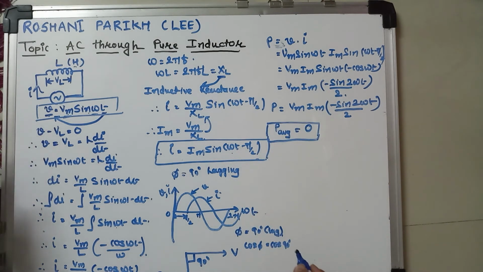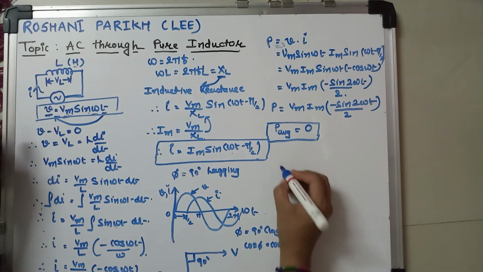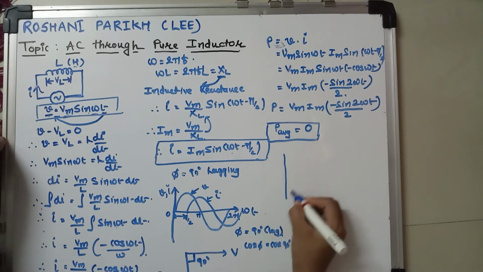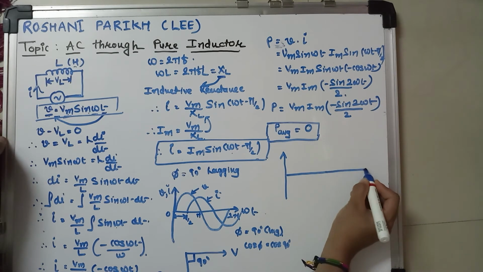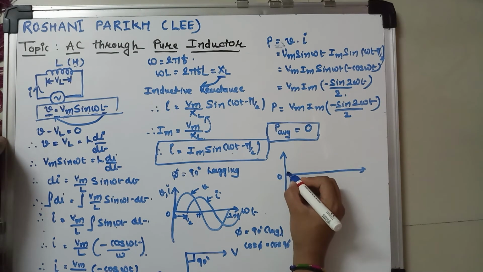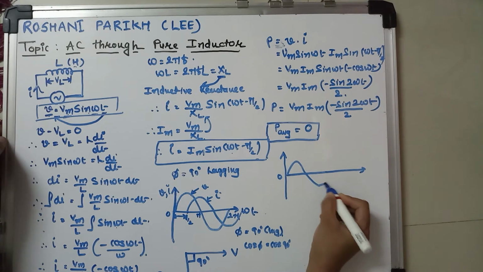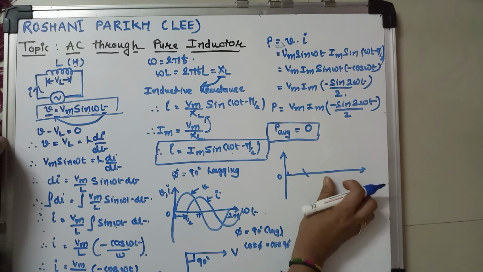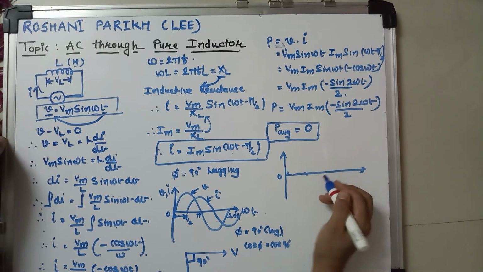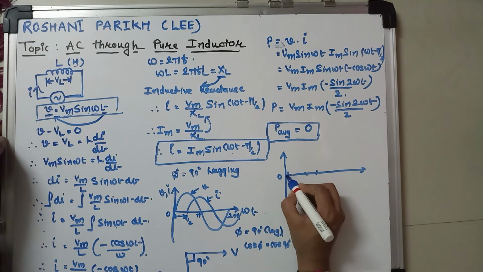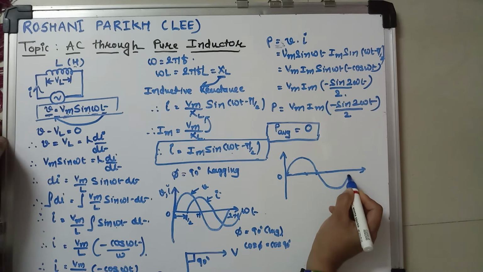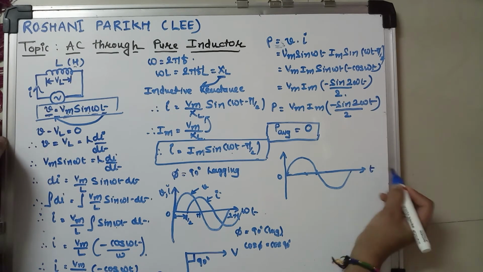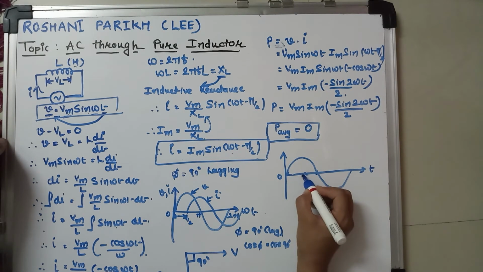Now I am going to represent it graphically. So see here, if I draw graphically, then first of all 0, here a voltage, then current is 90 degrees lagging.